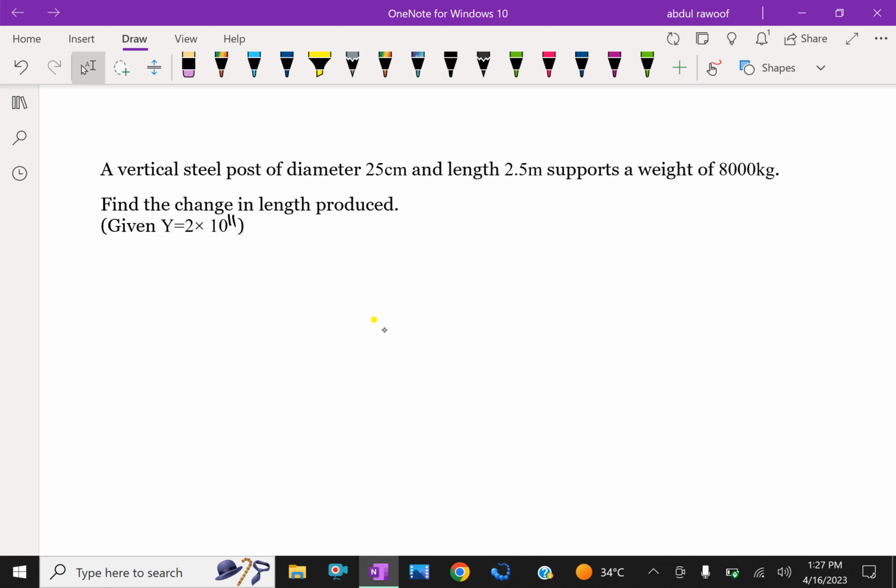Here, the simple case, it is delta L equal FL by A Y. The weight is 8000 kg, that is 8 into 10 power 3, and length is 2.5.